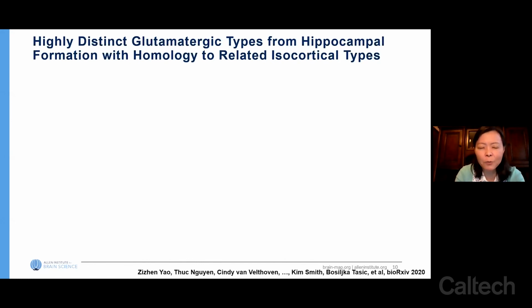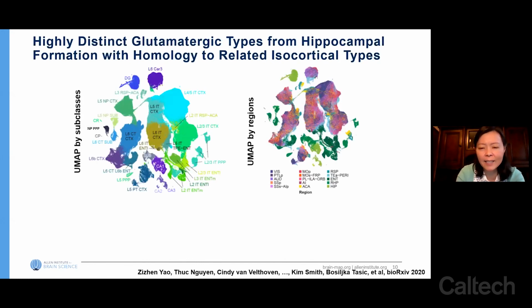The first is that we identify highly distinct cell types between cortex and hippocampal formation, as shown in this UMAP. The isocortical cell types are all concentrated in several major continents. And as you can see here, the colors are mixed together, colors representing different regions, meaning that there's actually a high degree of sharedness across different cortical regions of those major cell types.